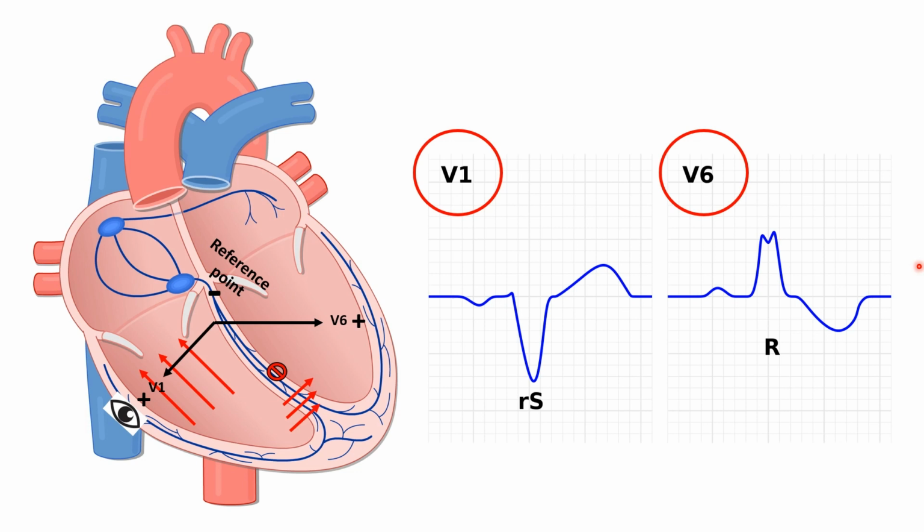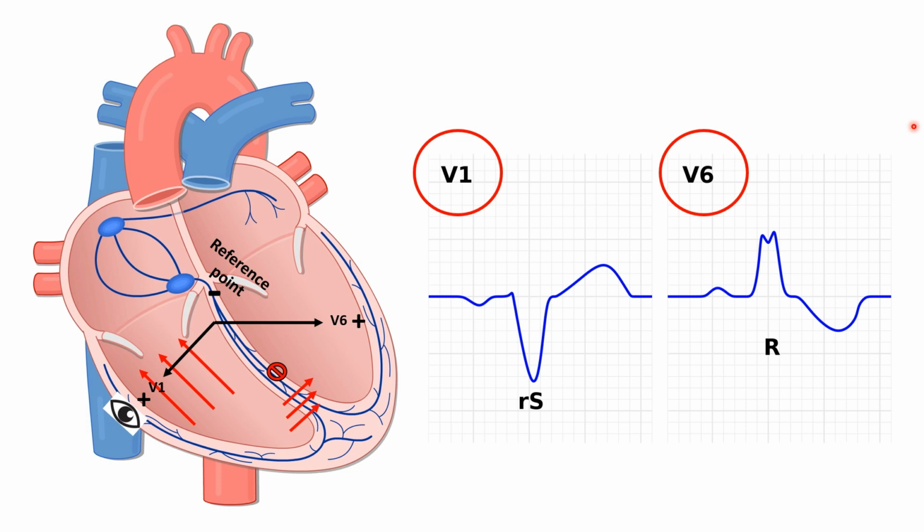So that's when we have a bundle branch block without an MI. We'd have appropriate discordance. So that means the ST segment and the T wave are going to be in the opposite direction to the majority of the QRS complex. And that's a good sign, that's what we want.